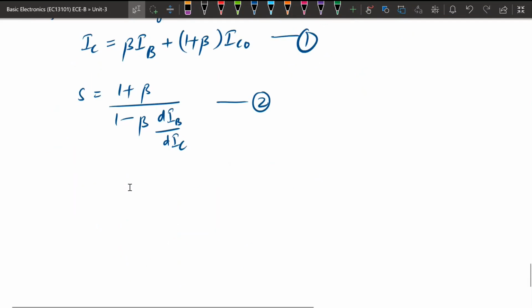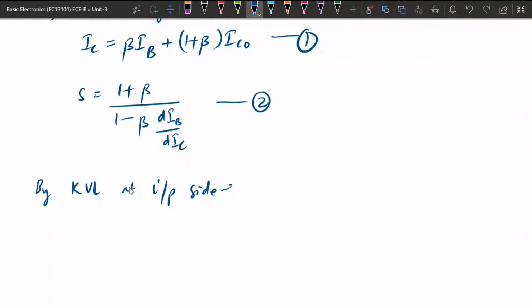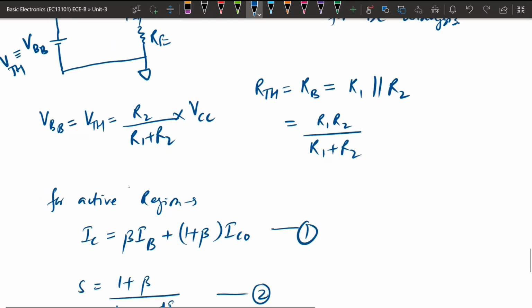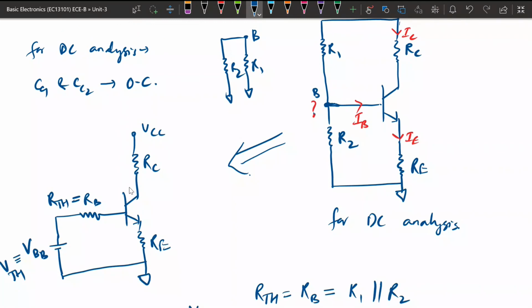So by KVL at the input side, we have represented the input side in terms of the Thevenin voltage equivalent and the resistance equivalent. So by using KVL, VBB will be equal to whatever current is flowing, that is IB multiplied by RB, plus VBE, plus along with that there will be a resistance on the emitter side also.